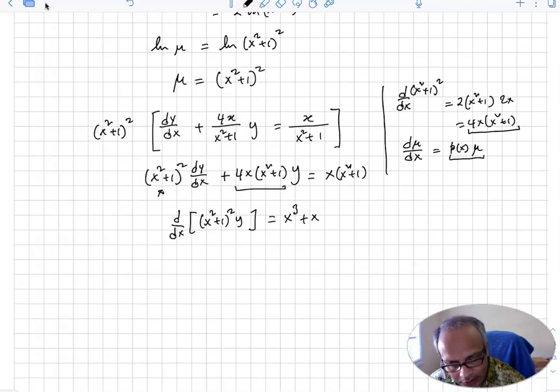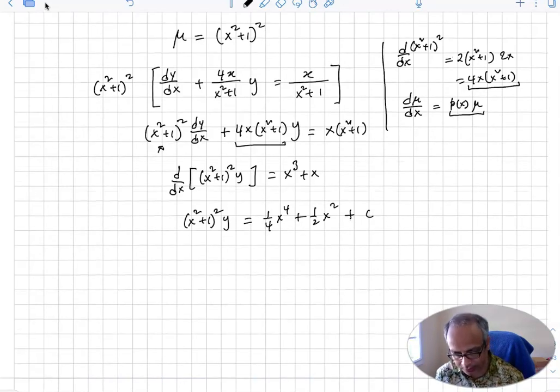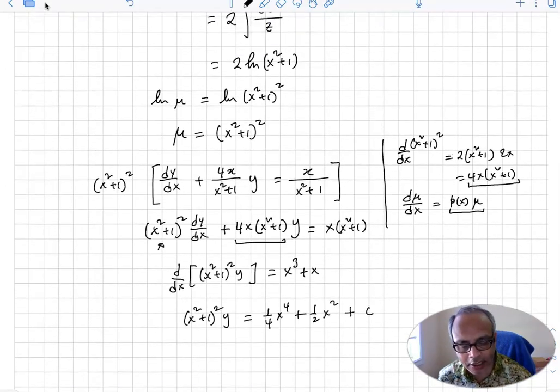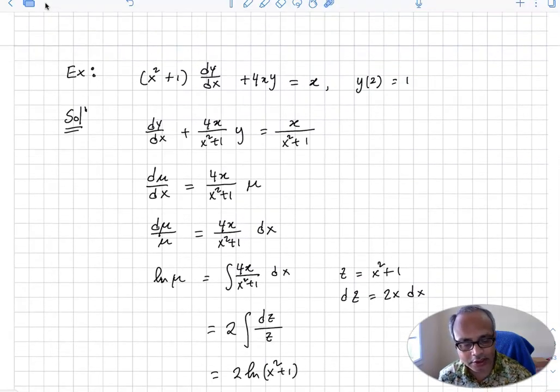So now you integrate it: x square plus 1 squared y equals 1/4 x to the power 4 plus 1/2 x square plus a constant. And maybe now it is a good time to find the constant of integration by using this condition here, y of 2 is 1.